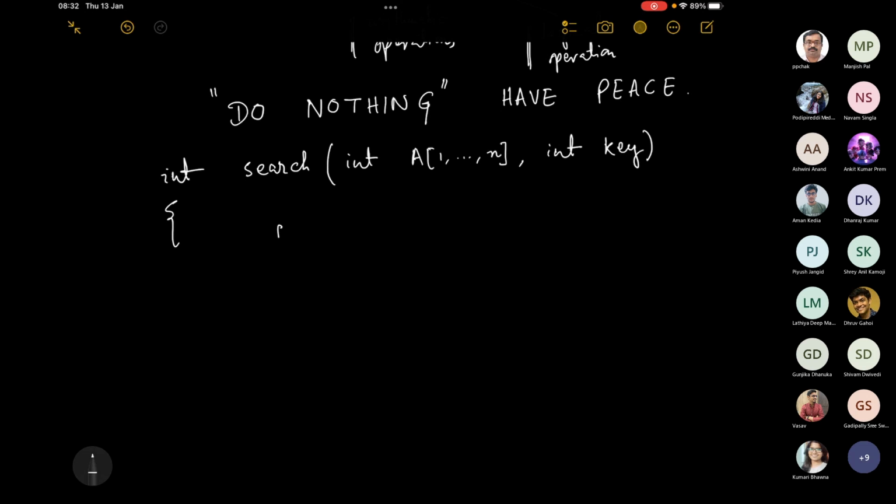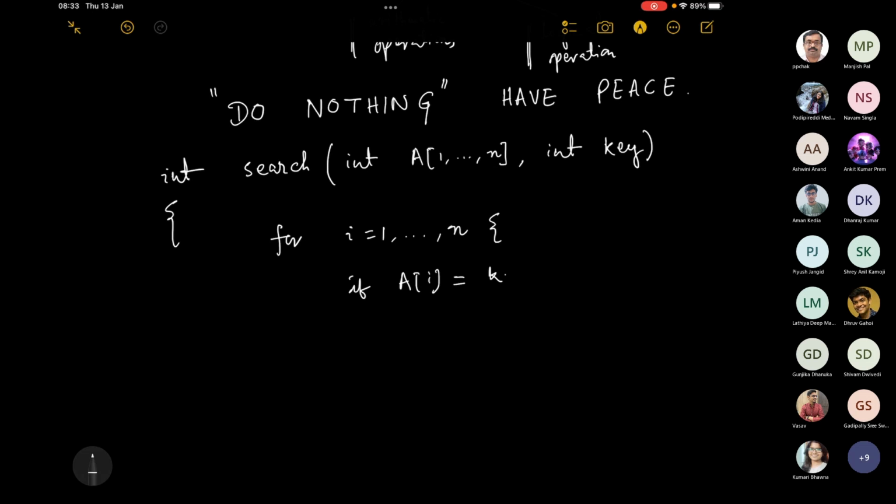Let me write a for loop, again using the beauty of pseudocode: for I equal to 1 to n. What do I do? If A[I], again the beauty of pseudocode, I don't have to write double equal to.